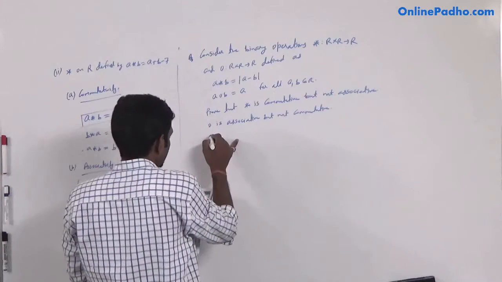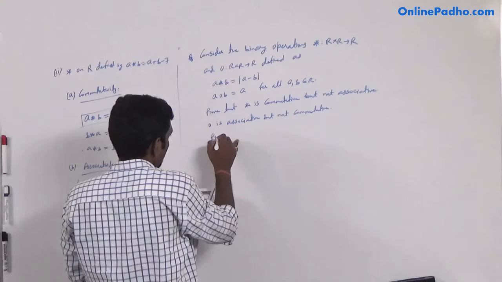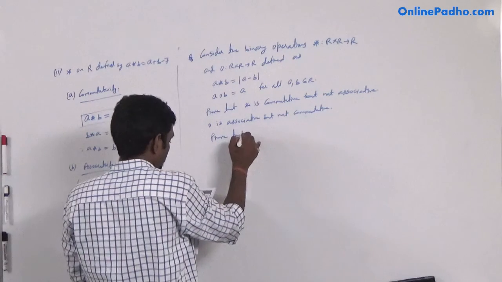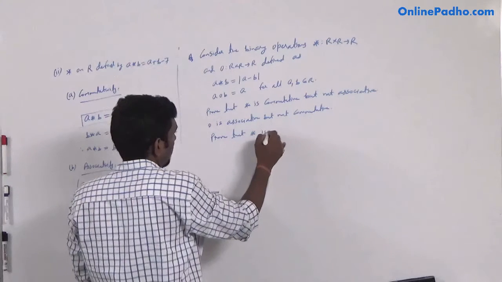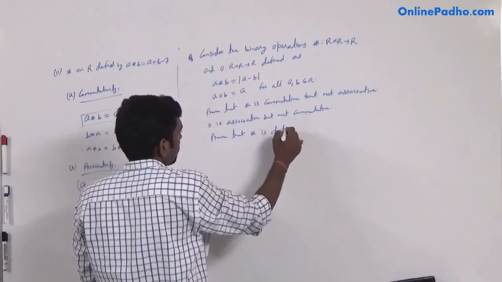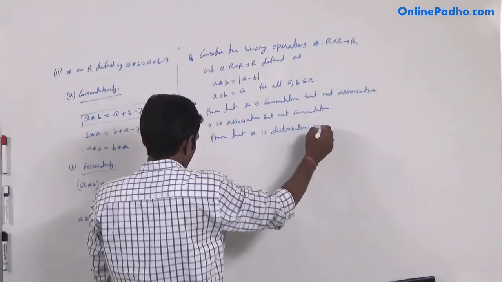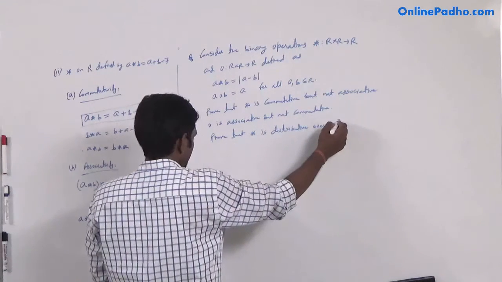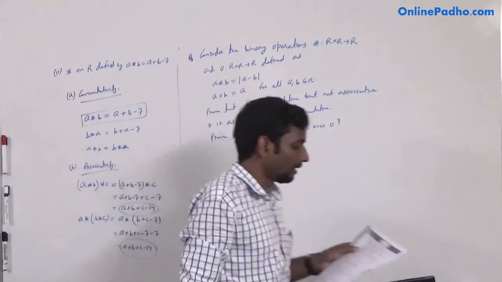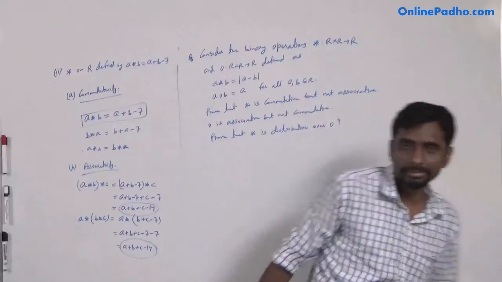Further prove that star is distributive over not, and thus not distributive over star.